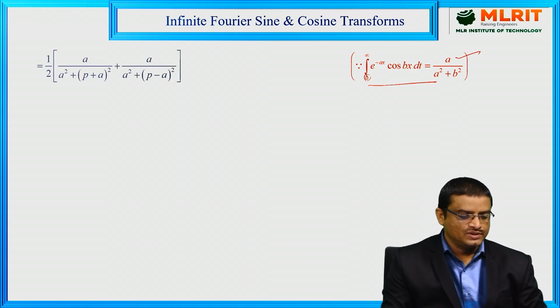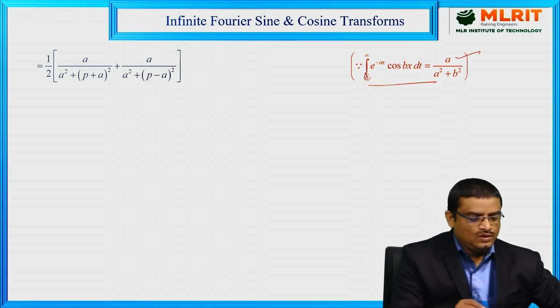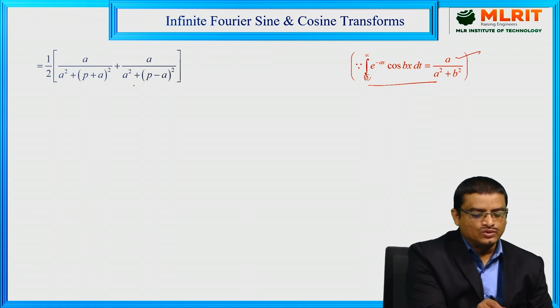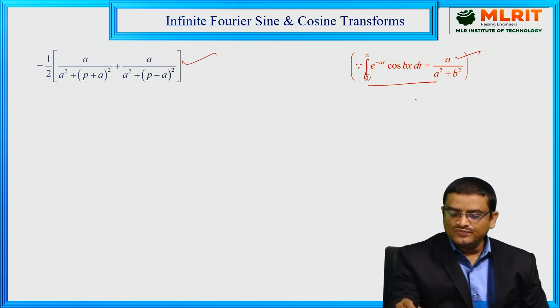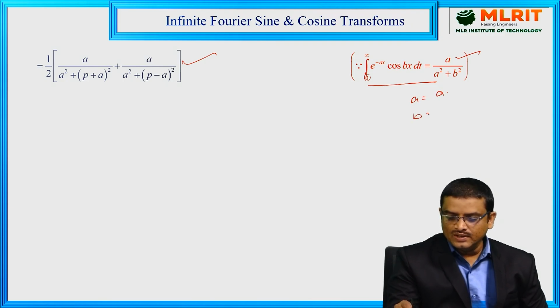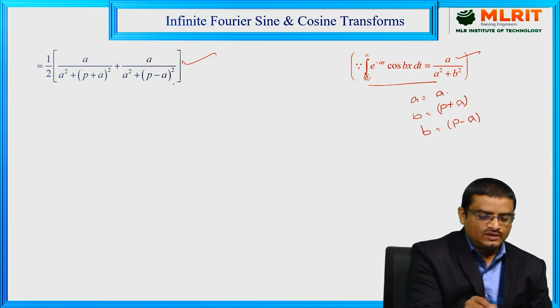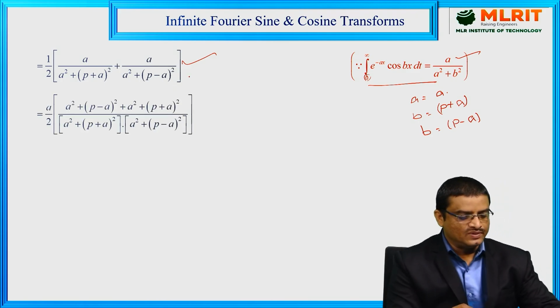Now substitute this. So a by a square plus p plus a whole square. In place of a take a only, and in place of b, for the first term you will get p plus a, and for the second term you will get p minus a, in the second integral. Now substitute this and simplify.